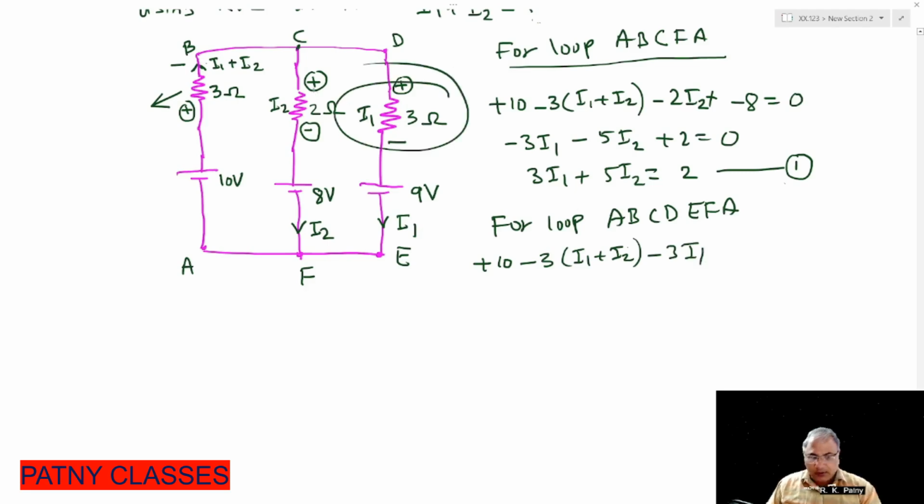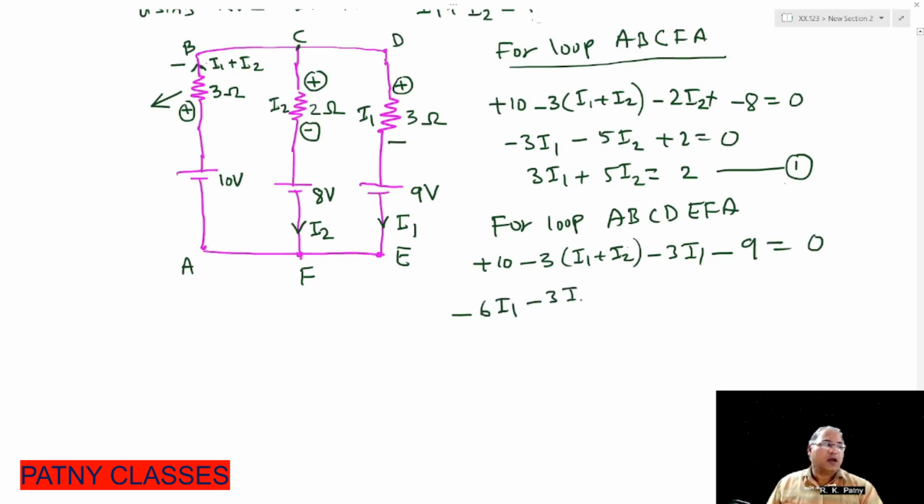Then here we are moving from higher to lower, so minus 9. We came up to E, E to A nothing is there, equals 0. So that is minus 6 I1 minus 3 I2 equals minus 1, that is 6 I1 plus 3 I2 equals 1. Call it equation number 2.